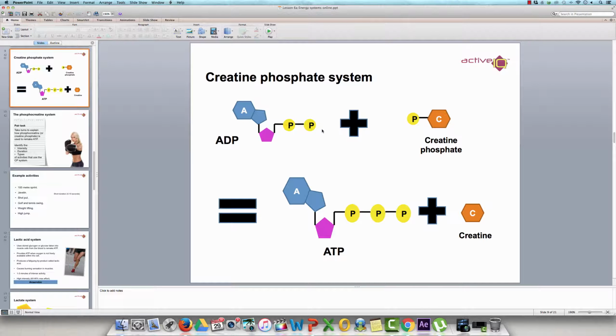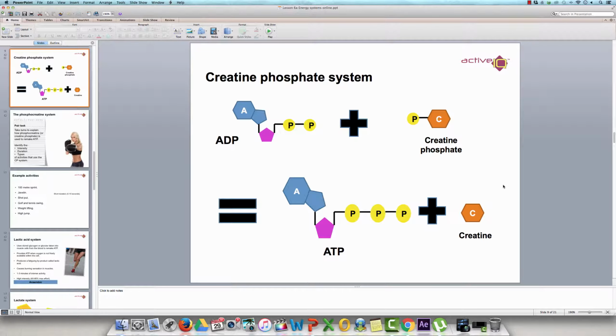What happens is we have creatine phosphate floating around in very limited supply, and all we're doing, very simply, is taking the phosphate molecule from creatine phosphate and adding it to our ADP, and that means we can create ATP. The leftover product from that is one single creatine molecule without the phosphate.